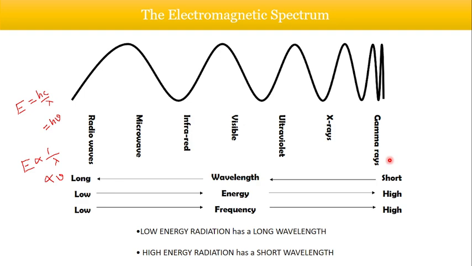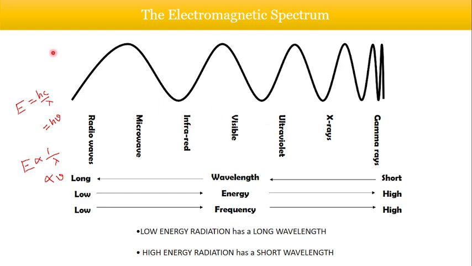Here you can encounter questions like which radiation has the highest wavelength or the lowest energy, and which has the shortest wavelength and the highest energy. There can be a few questions on this.